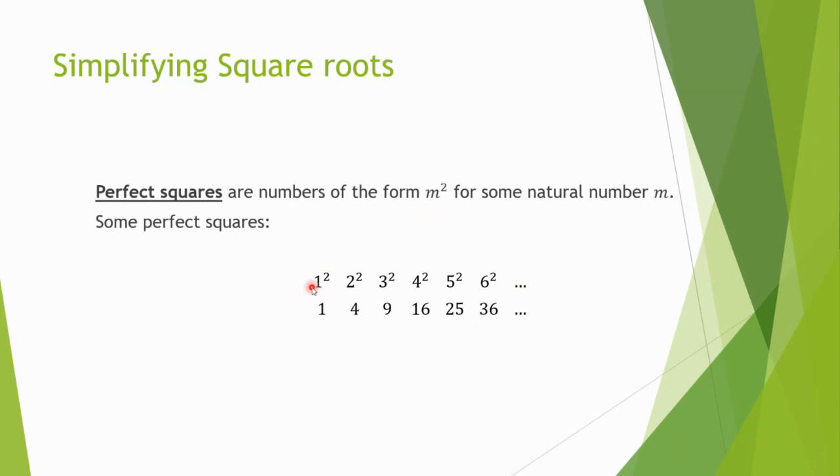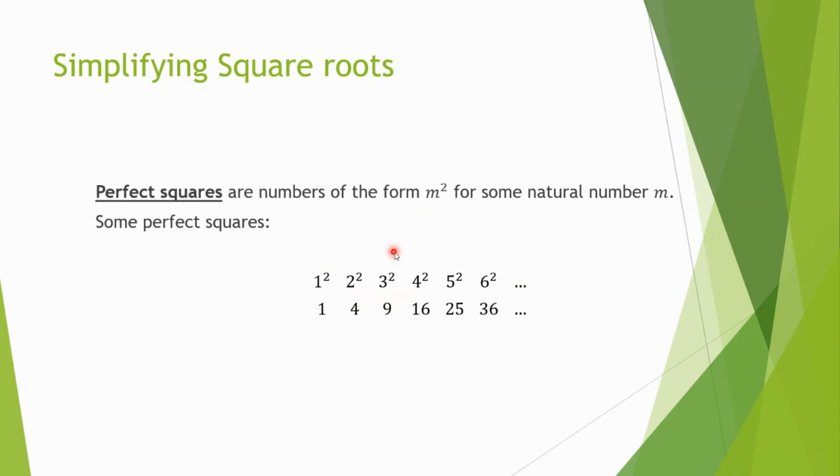So for instance, 1 squared is 1. So 1 is a perfect square. 4 is 2 squared. So 4 is a perfect square. 9 is 3 squared. 9 is a perfect square. And so on and so forth. Of course, the list keeps on going and never ends. So we can't write down all perfect squares. There's too many.